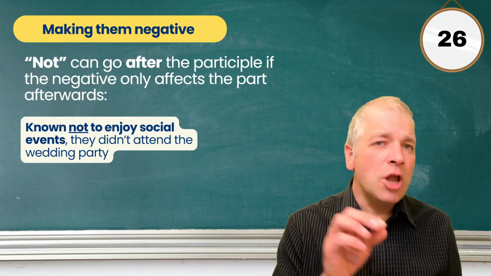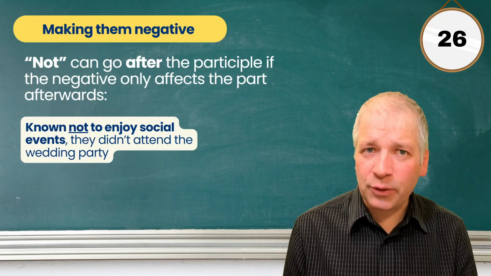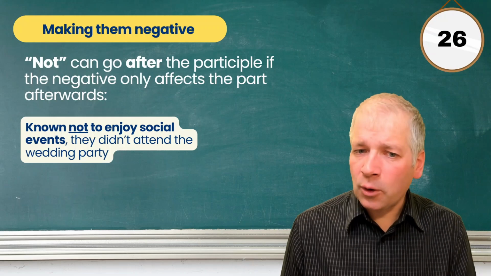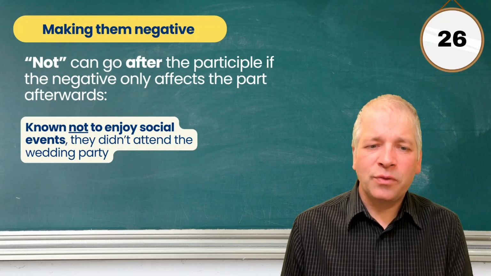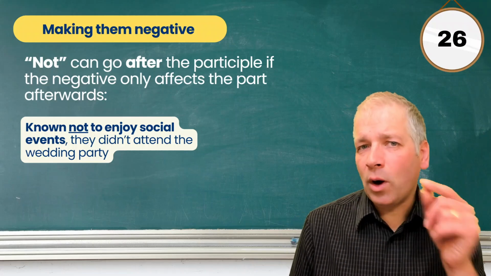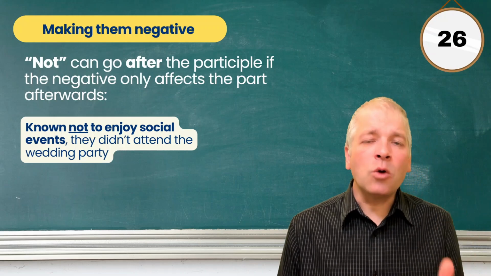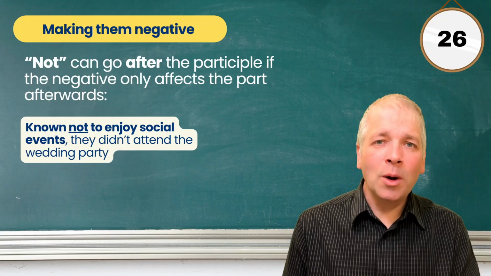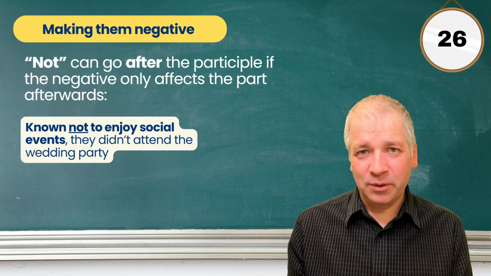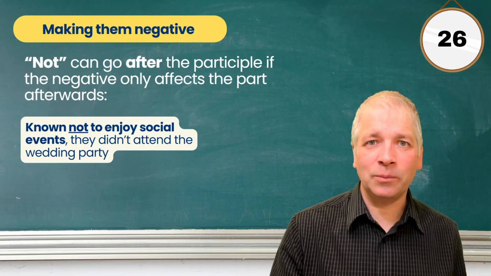If you say known not to enjoy social events, then we know something. What do we know? We know that they don't enjoy social events. So in one case, not known means we don't know. Known not means we do know, but the negative affects what comes afterwards. We do know that the next bit is negative. So see that difference between the two.